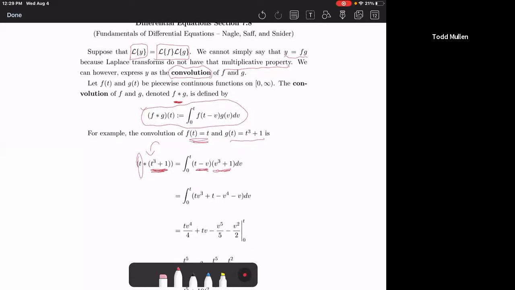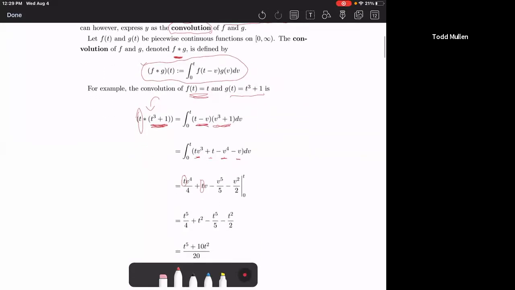So first we have to multiply everything out. So we get t v cubed plus t minus v to the 4 minus v. And then we integrate with respect to v. This is quite easy because we just get to act like t is a constant. So just a bunch of power rules going on here. And then we evaluate from 0 to t.